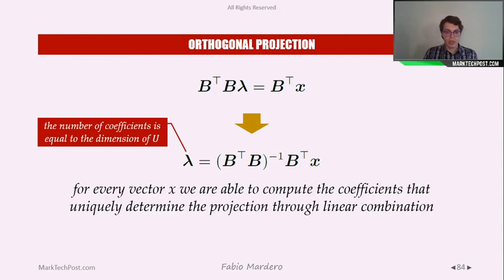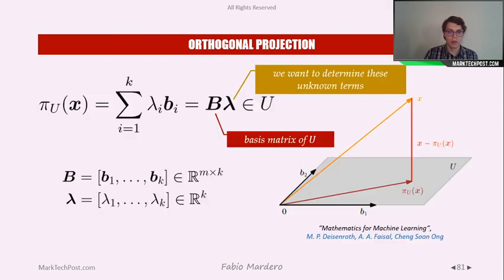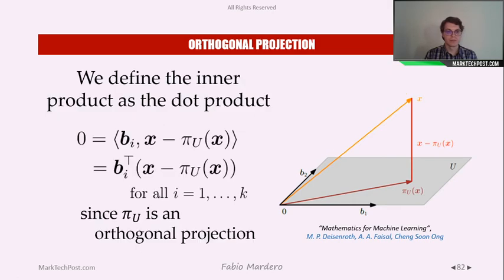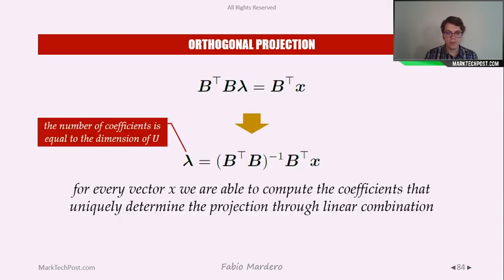With this expression we are able to compute every lambda coefficient that determines our orthogonal projection vector. So for every vector x, we are able to compute the coefficients that uniquely determine the projection through the linear combination.